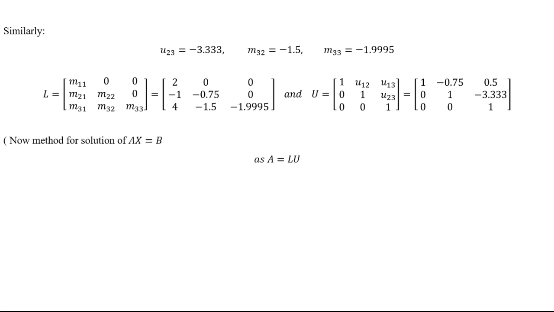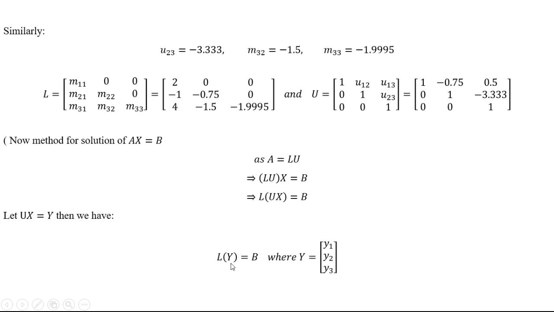To find the solution of AX equal to B after decomposing matrix A into LU factorization, we will write this equation AX equal to B as L into UX, because by replacing A by LU we get LU into X equal to B. Also we can write it as L into UX equal to B. Then we will consider that UX is equal to Y. Then we have LY equal to B, where Y is equal to Y1, Y2 and Y3.